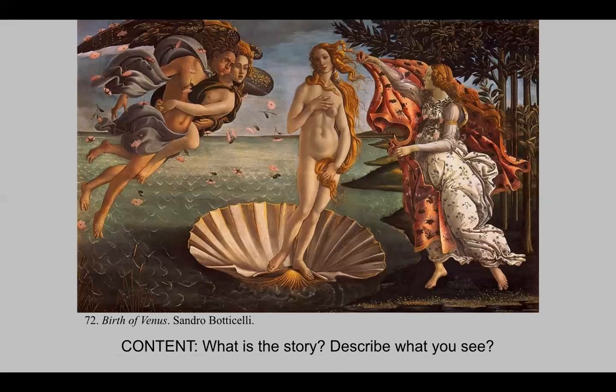And when she's born, she comes from the sea. So these two figures on the left, what are they doing? Emily, what do you think? What are the two figures on the left doing? They're witnessing her coming from the sea. Look at their mouths.